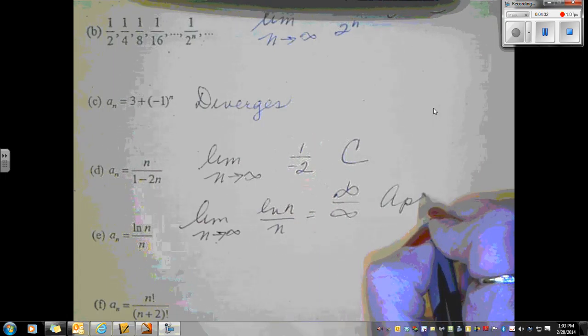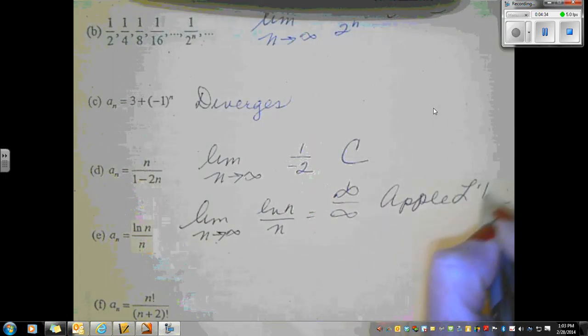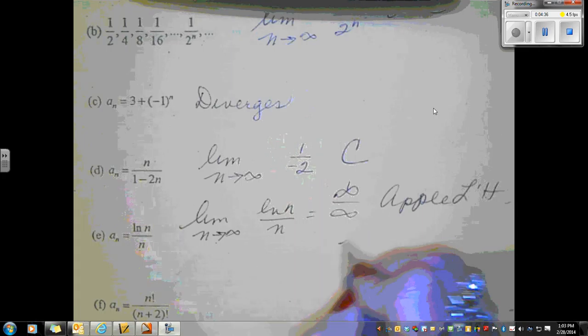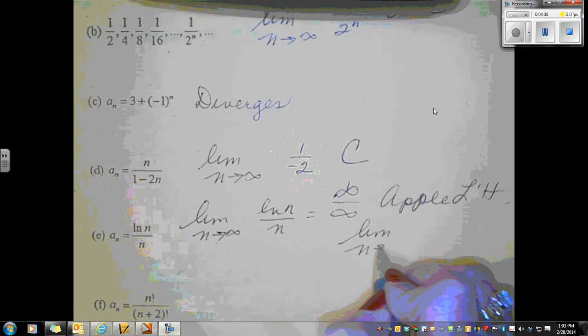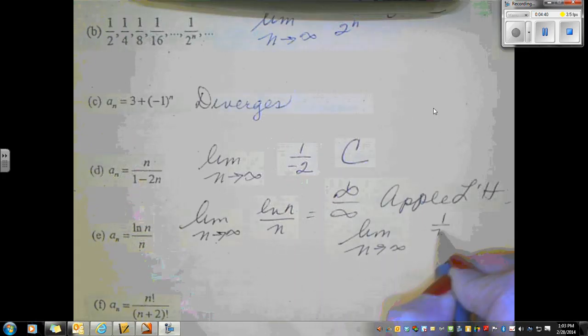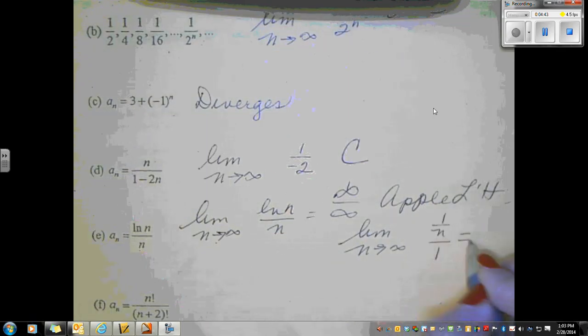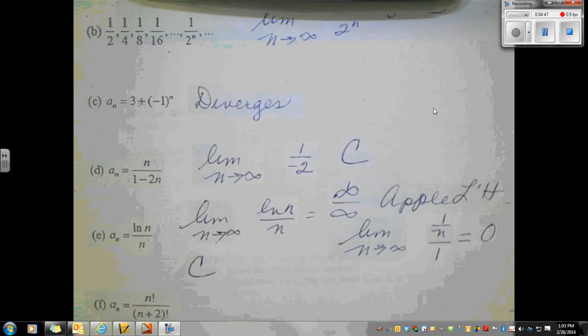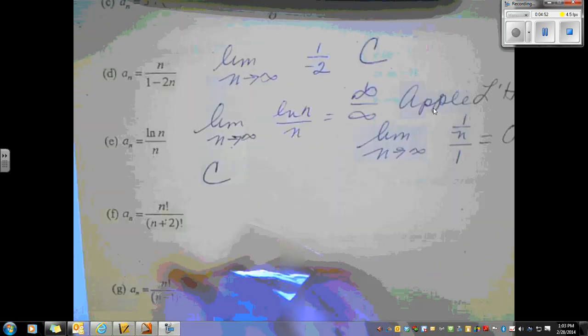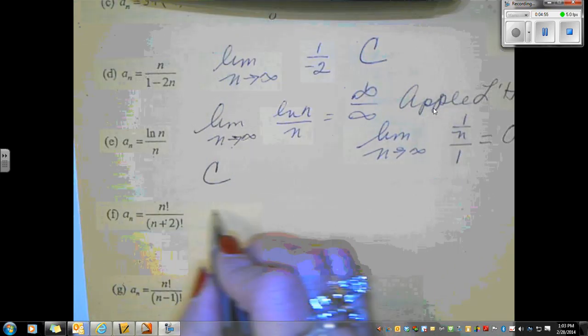So I apply L'Hopital, and I get the limit as n goes to infinity of 1 over n over 1. And now what do I get? 0, so this converges.